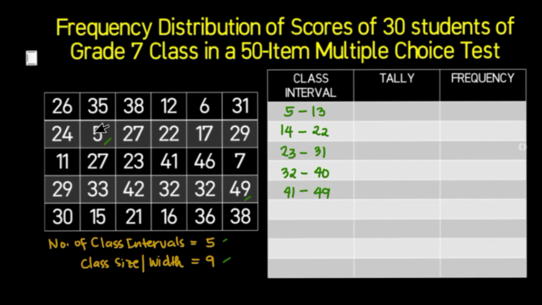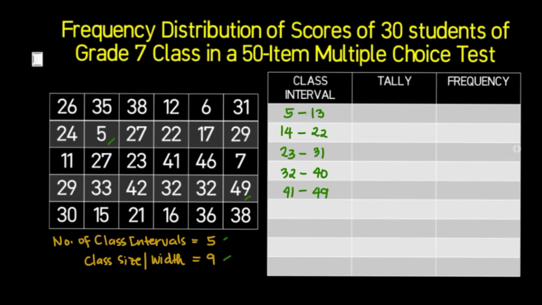So, the next thing to do is itali na natin siya. So, hanapin po natin yung sa mga scores na to ang nasa loob ng 5 to 13. 5 hanggang 13. So, meron na po 1. Ito 6 kasama. Kasama rin yung 12. 11 kasama rin. 7 kasama din.